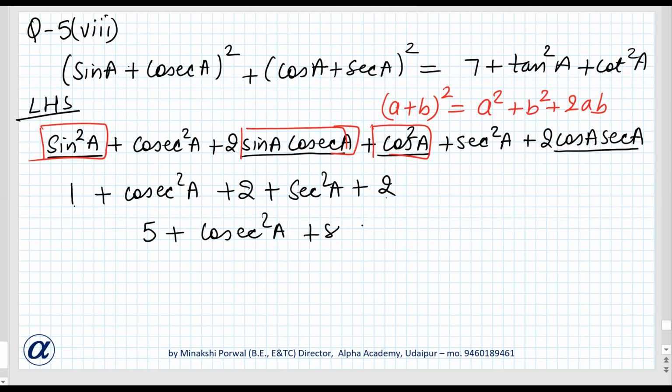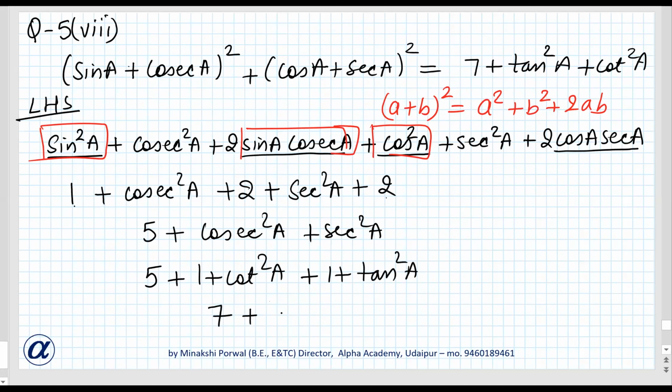What is the identity? Cosec square a is 1 plus cot square a and sec square a is 1 plus tan square a. That is equal to 5 plus 1 plus 1, 7, plus tan square a plus cot square a. That is what we want to prove. That is equal to RHS. Okay. This way you have to write.